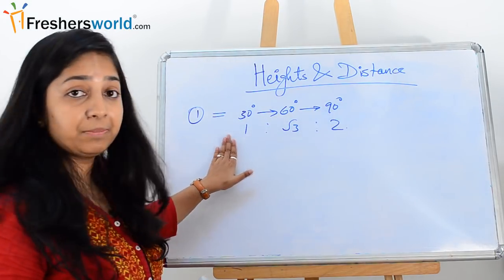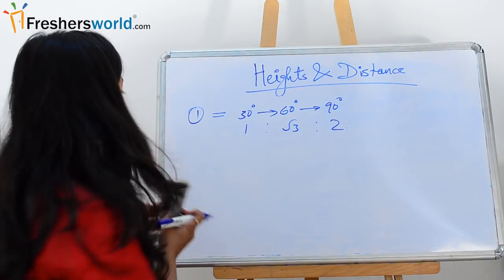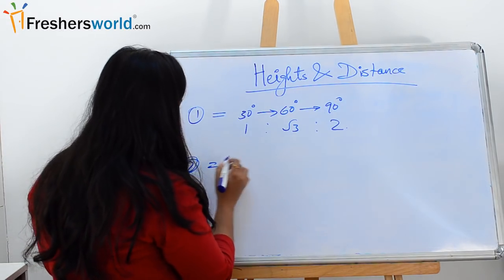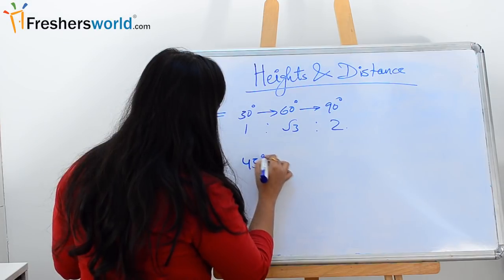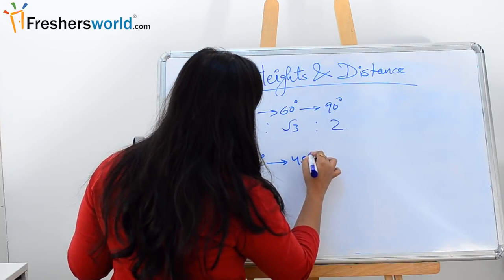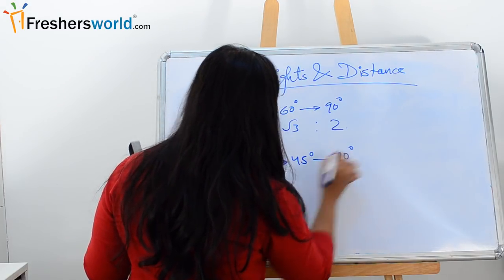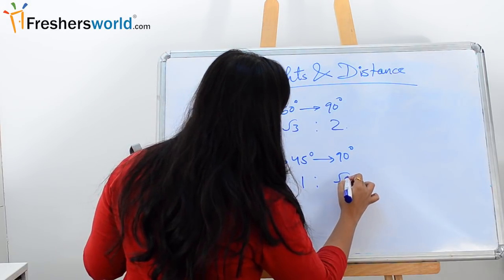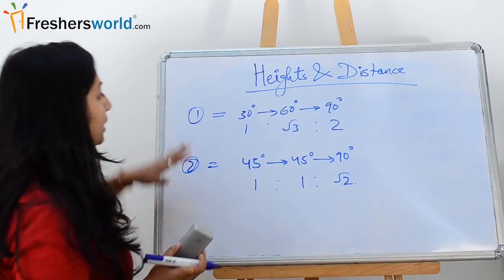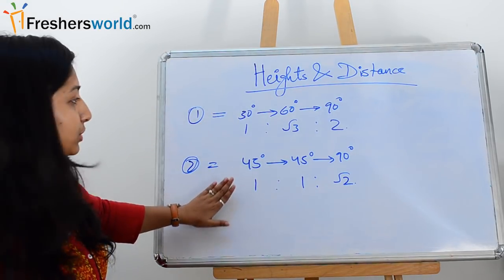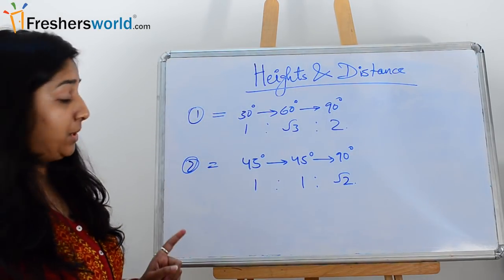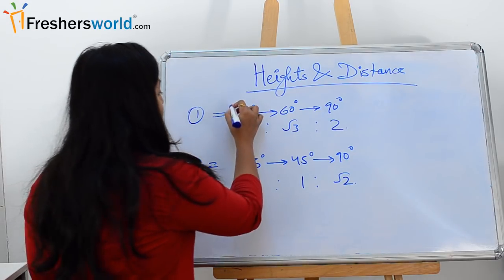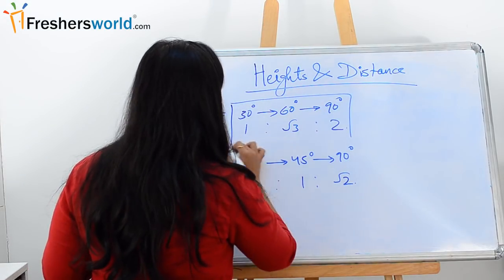You need to remember first this set of ratios, and the second one is 45 degree, 45 degree and 90 degree, which will be 1:1:root 2. These two sets of ratios you need to remember for the trick which I am about to tell you. So just note these two down somewhere.